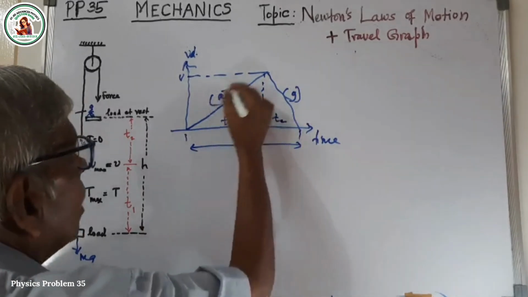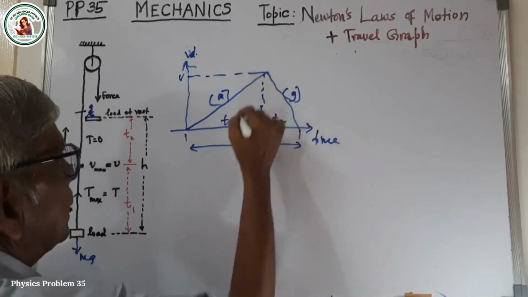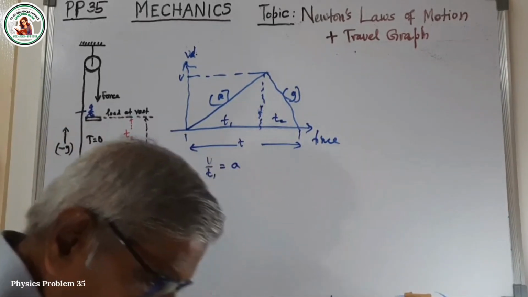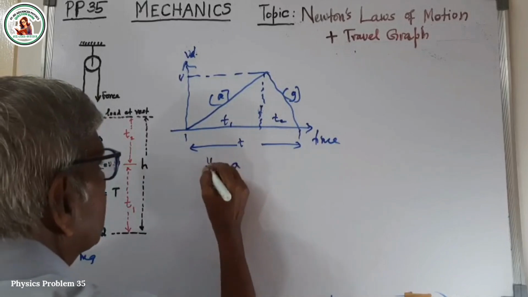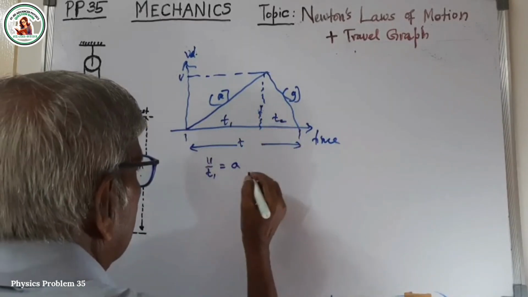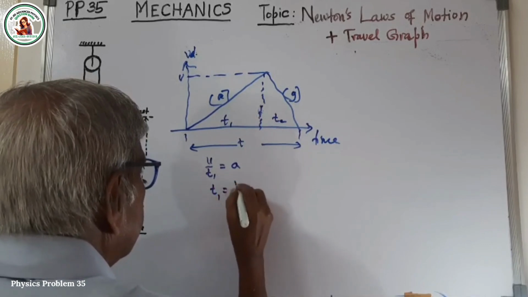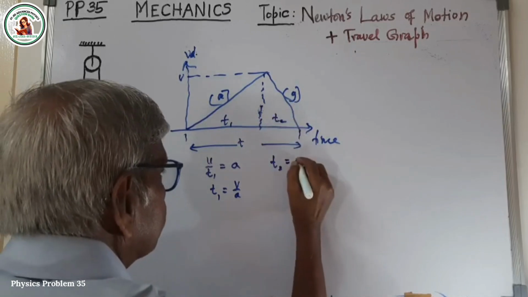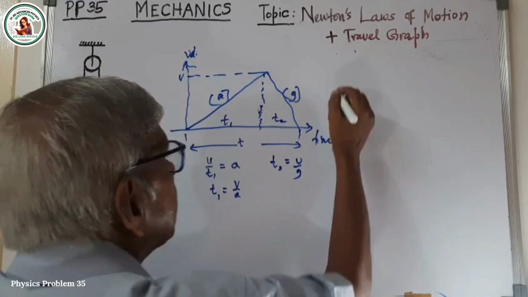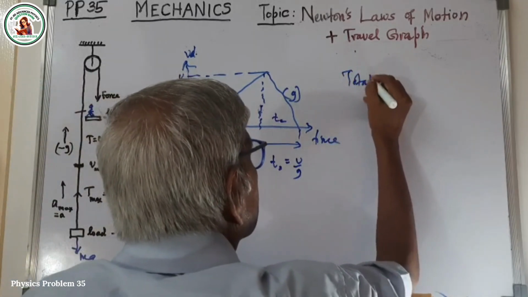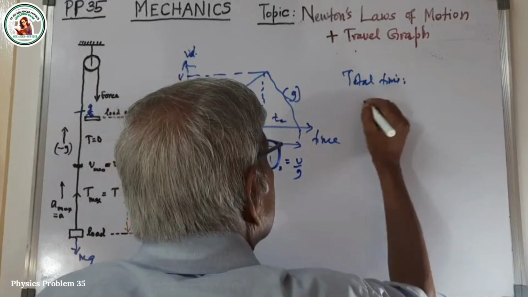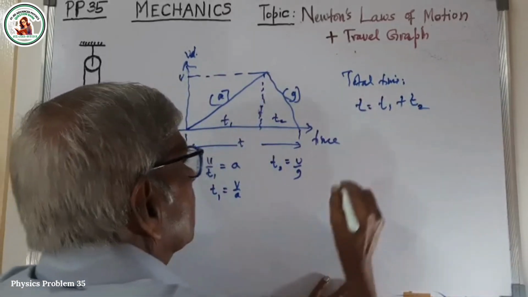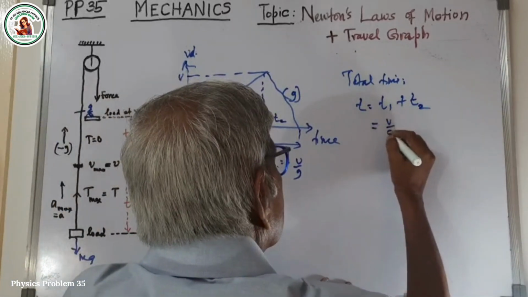We know the slope gives the acceleration. So v by t1 is equal to A, which implies t1 is equal to v by A. Likewise, t2 is equal to v by g. So the total time t equals t1 plus t2, which is equal to v by A plus v by g.